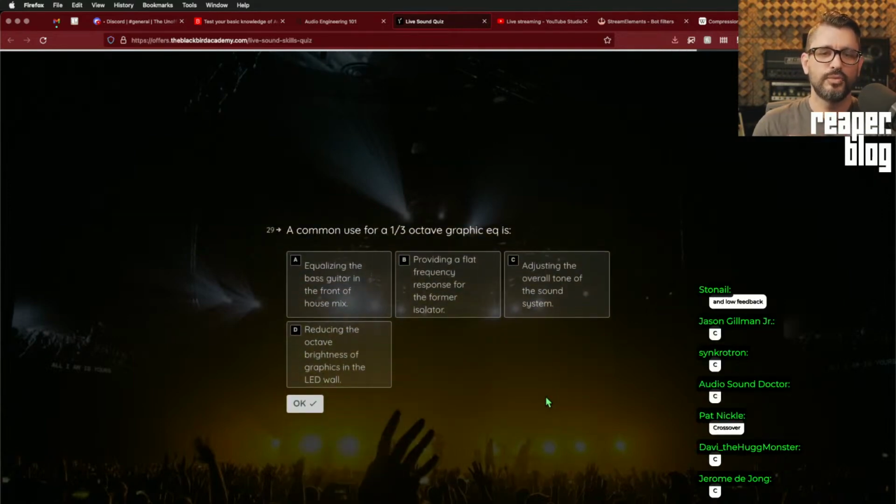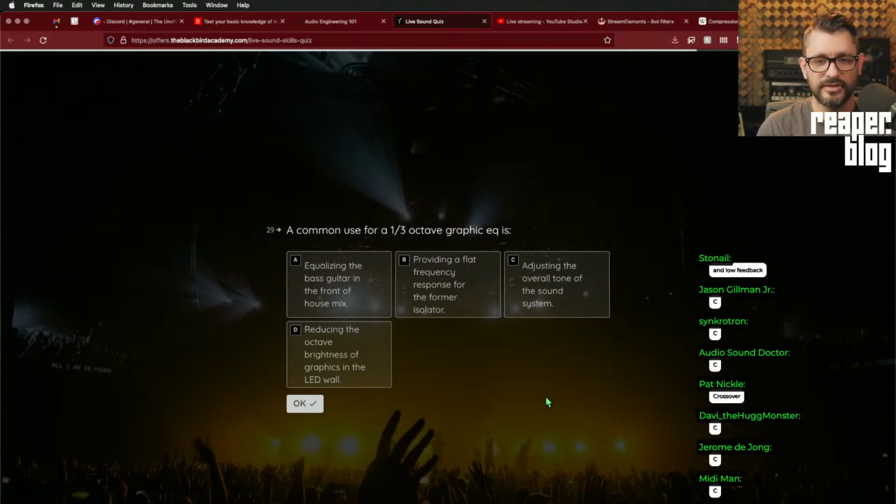A common use for a 1/3 octave graphic EQ is equalizing the bass guitar in the front of house mix, providing a flat frequency response for the former isolator, adjusting the overall tone of the sound system, reducing the octave brightness of the graphics in an LED wall. What's a 3rd octave graphic EQ?